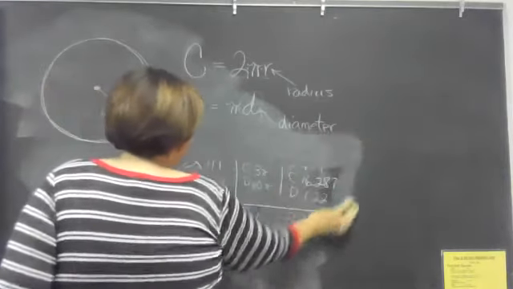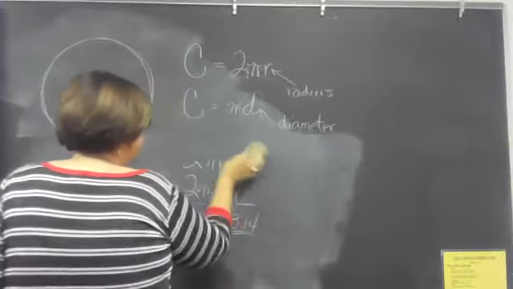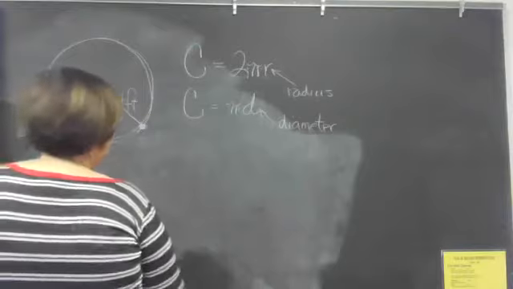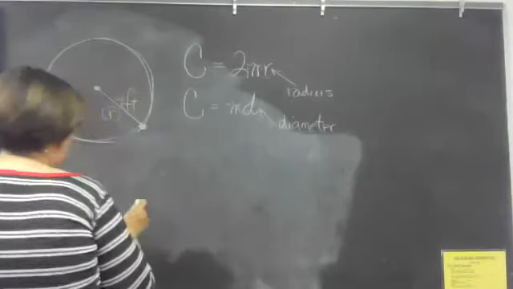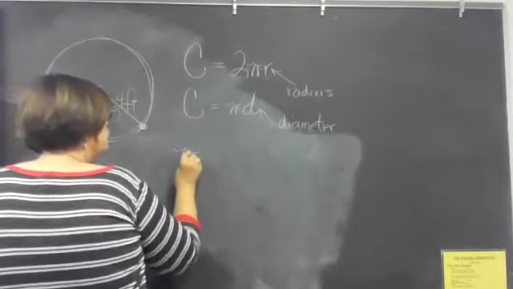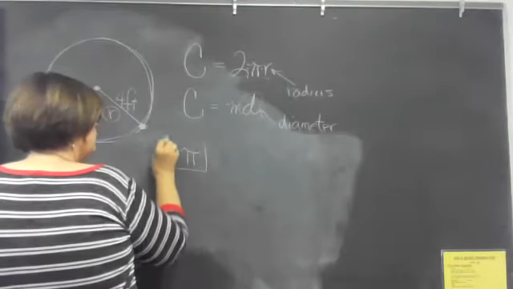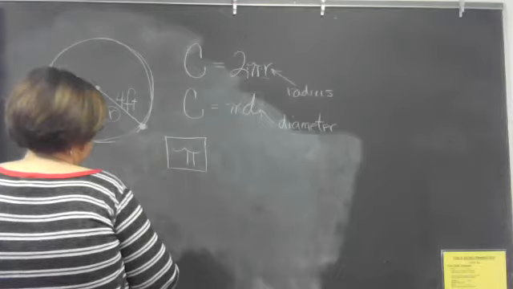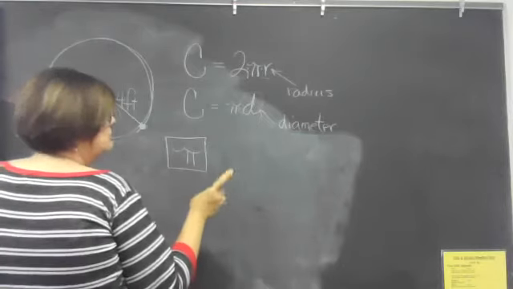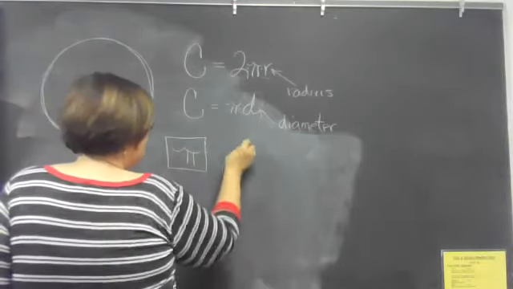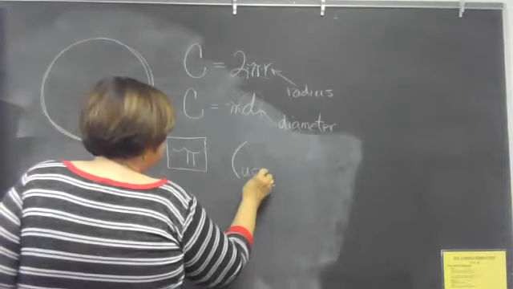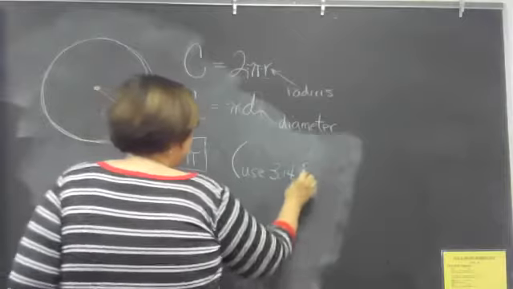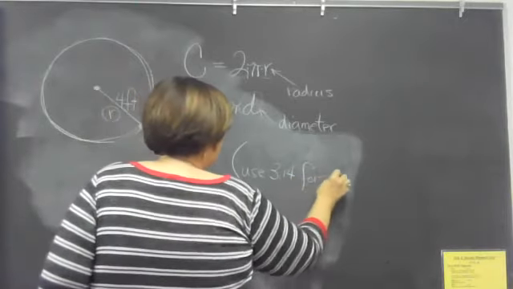Now, another thing I will tell you, that if you want the most exact answers, use the pi button in your calculations. Actually use the button on your calculator. But some of the instructions will say use 3.14 for pi.